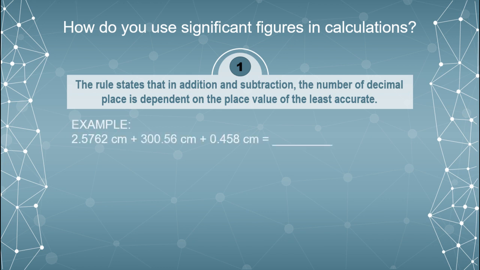Now, for example, you are given 2.5762 centimeter plus 300.56 centimeter and 0.458 centimeter. So, what will be the answer? Sa inyong elementary, nahibaw-an na ninyo how you are going to add numbers, whether whole numbers or decimal.